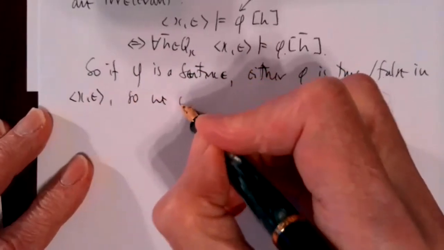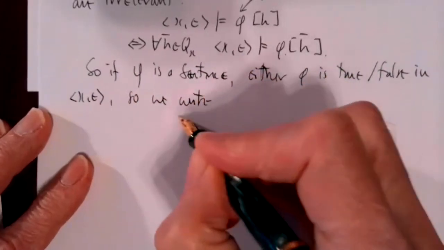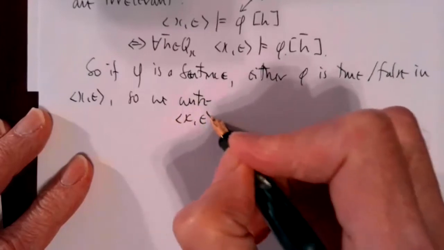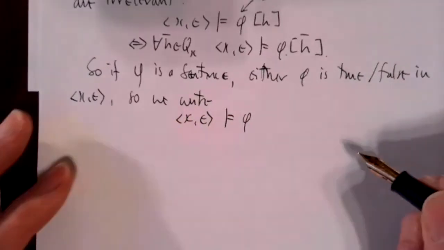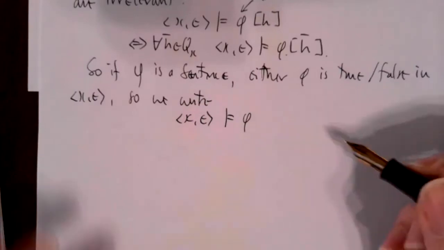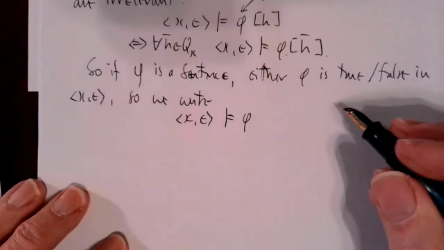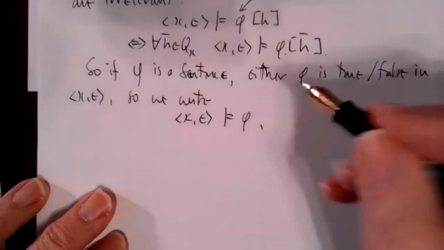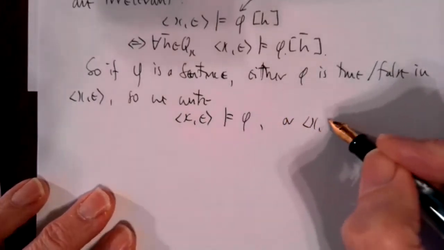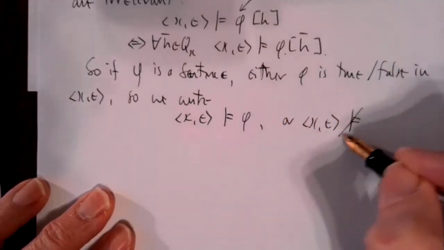So in that case, we're just going to write this, and don't bother writing any assignment function, or the opposite. If it's false in the structure, then we'll write this. Okay?